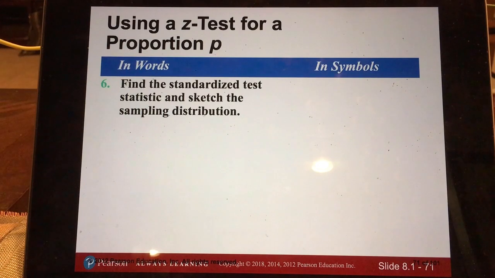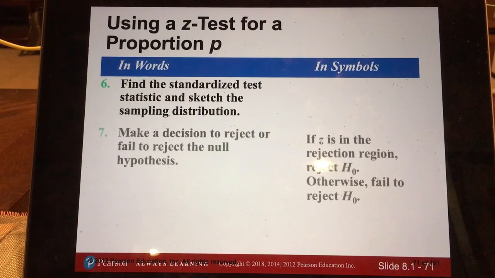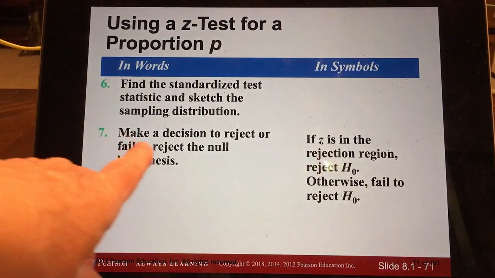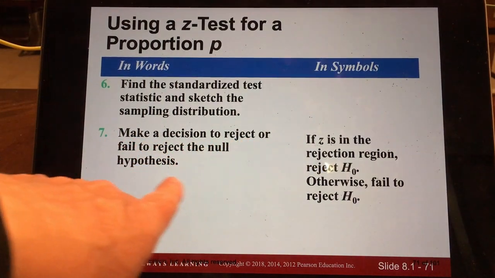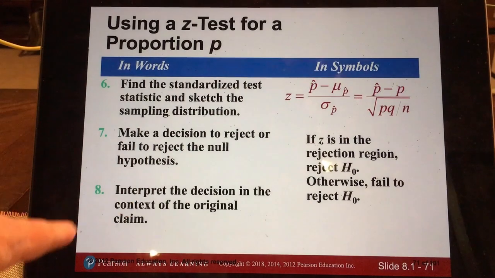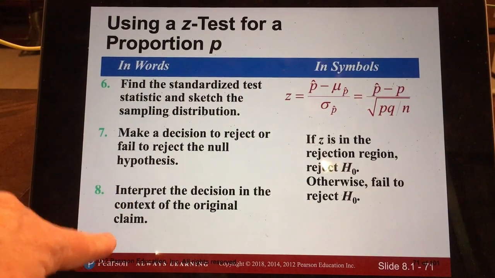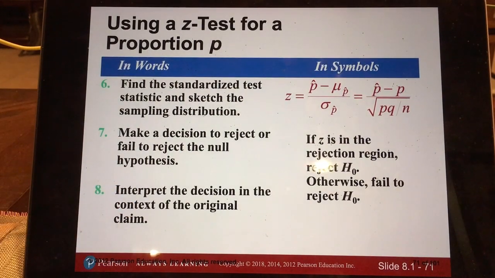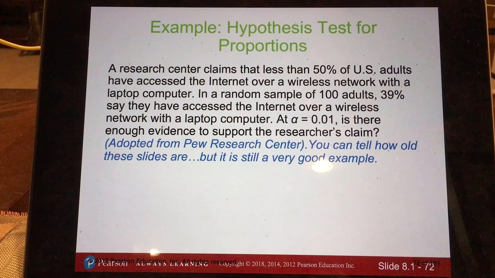Then 6 is find the standardized test statistic and sketch the sampling distribution, and then make a decision to reject or fail to reject the null hypothesis, and then interpret the decision in the context of the original claim. So that is the layout of what we're going to be doing over and over and over again.